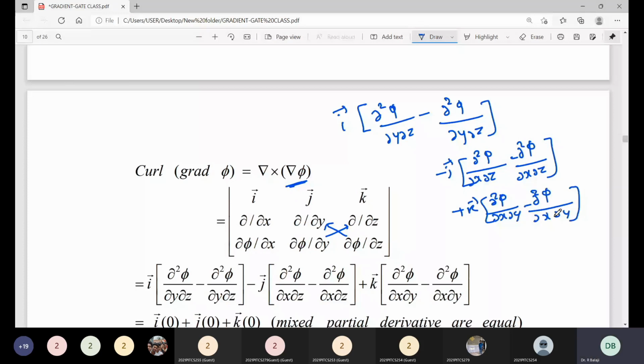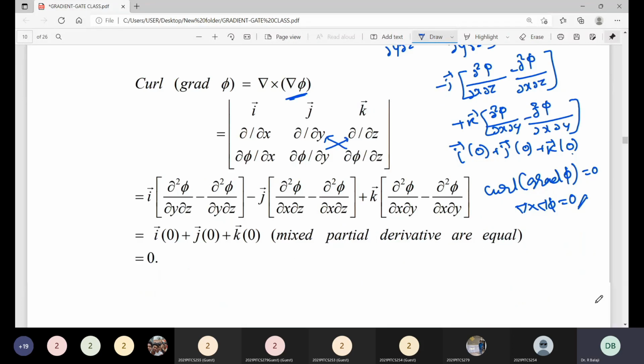So, see, all the terms are cancelling. So i into 0 plus j into 0 plus k into 0. Therefore, curl of grad phi is equal to 0, or del cross del phi is equal to 0.